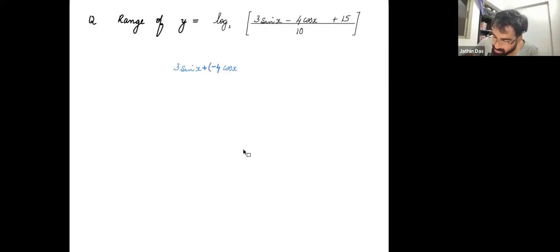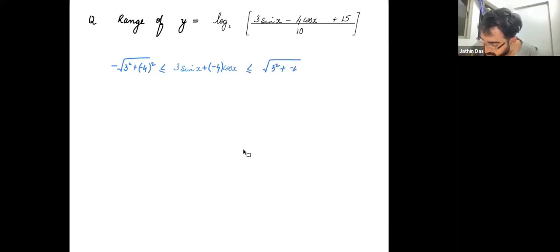It's not going to affect if there is a minus also, because root of 3 square plus minus 4 square is the same. So this you got first, I think: minus 5 to 5. Then what will you do?